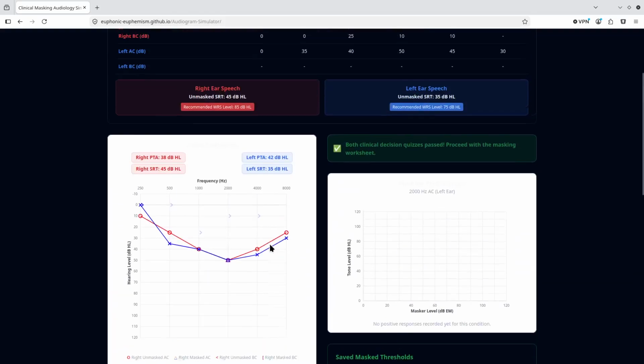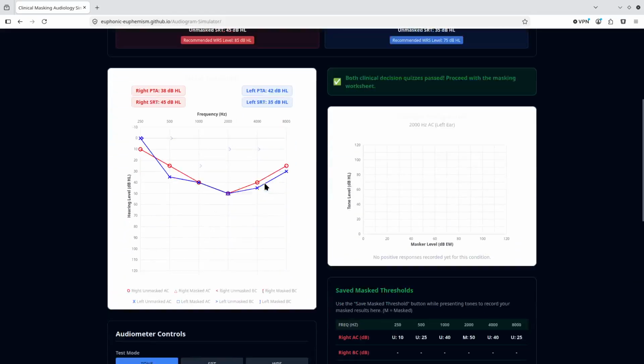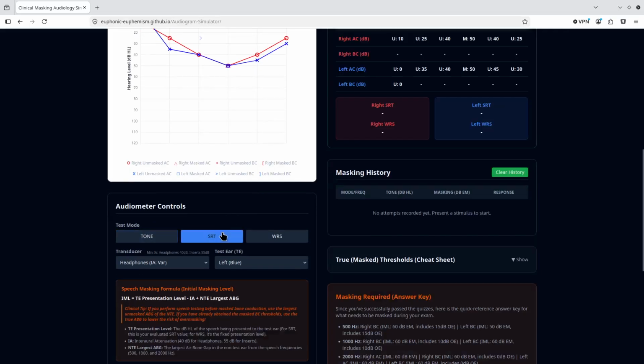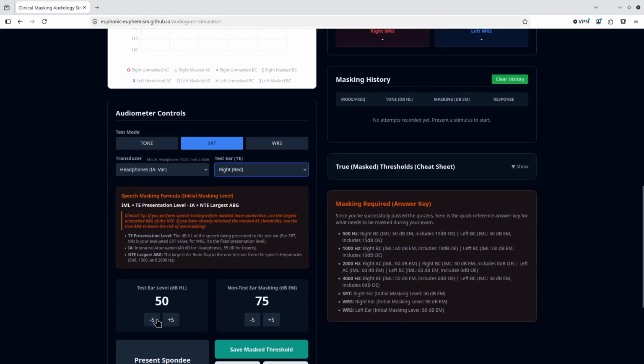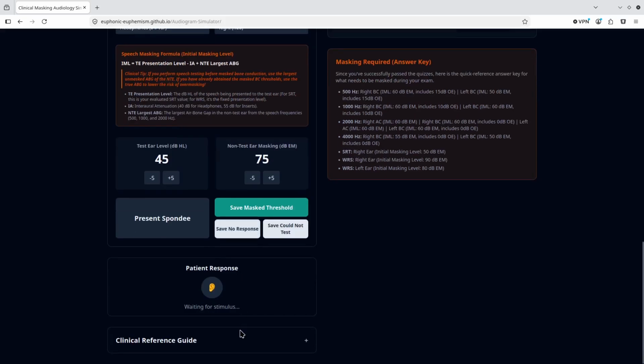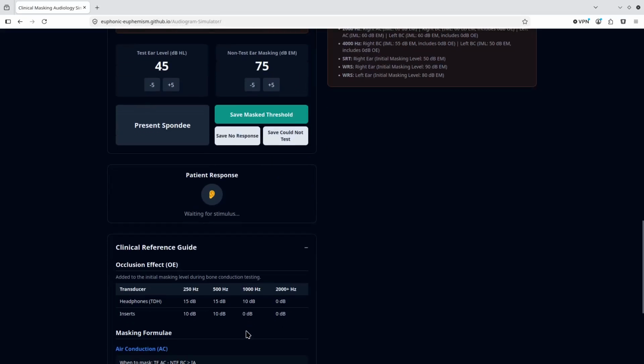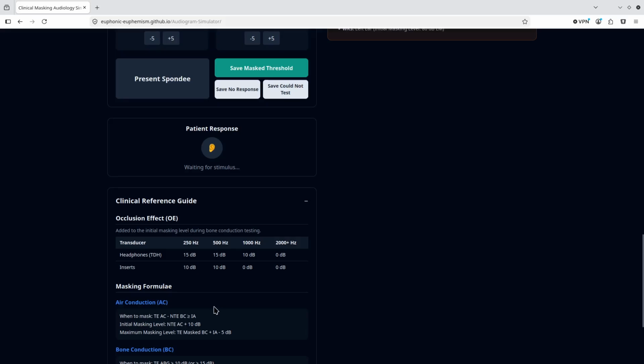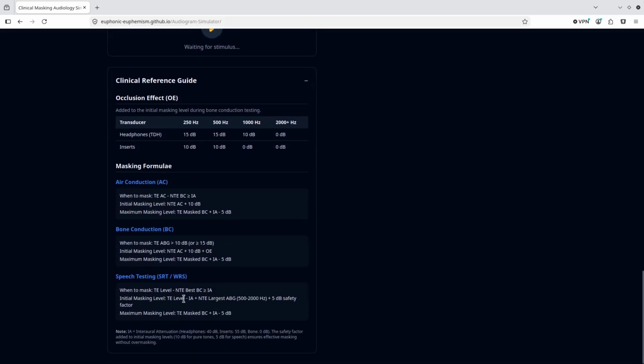So our SRT in the right ear was 45 dB. So let's set that SRT up for right ear at 45 dB. Now, if we remember our little rule here, we need to present, for our rule is test ear level, 45 dB minus interaural attenuation, which is 40.